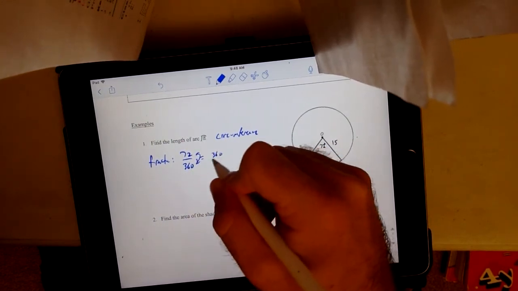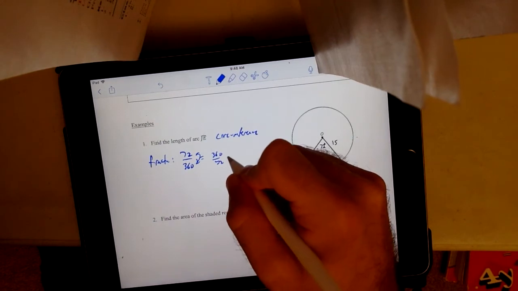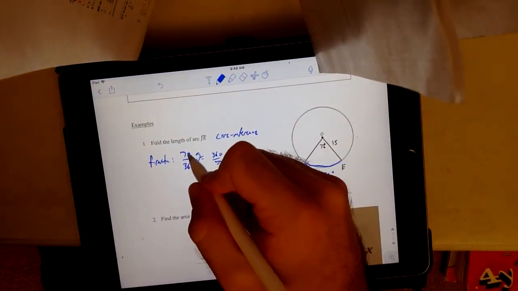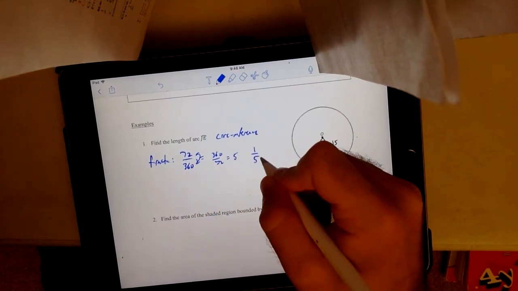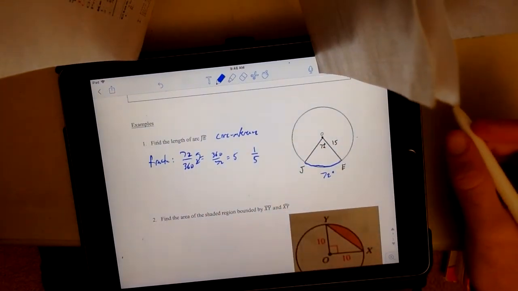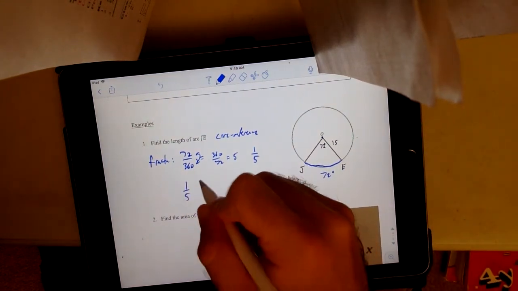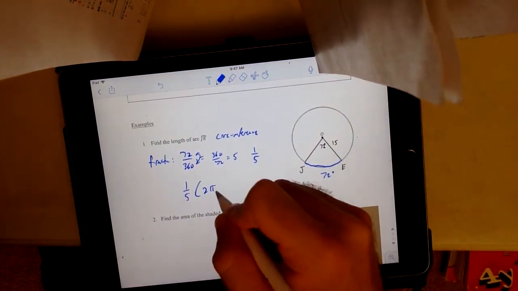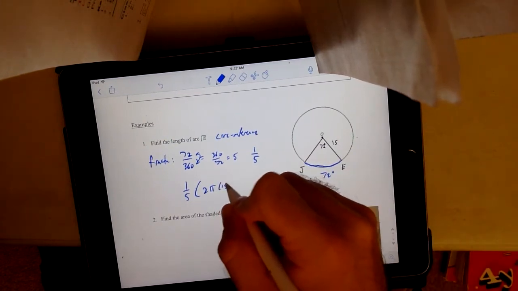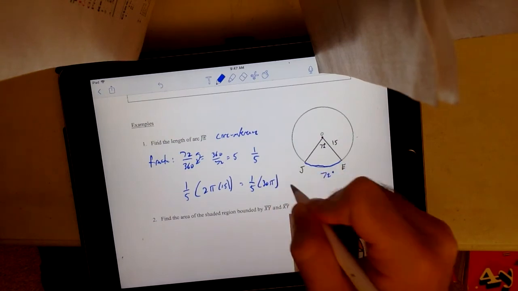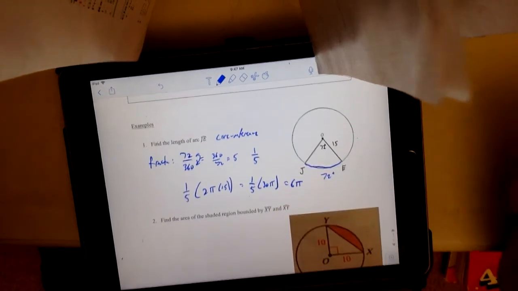Do 360 divided by 72, and you find that that's 5, which means when you flip it back, 72 is 1/5 of 360. And so it's 1/5 of the circumference, 2 pi times r, which is 15. So it's 1/5 of 30 pi, which is 6 pi.